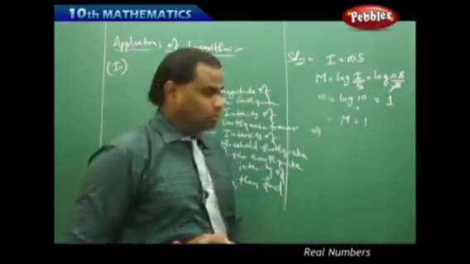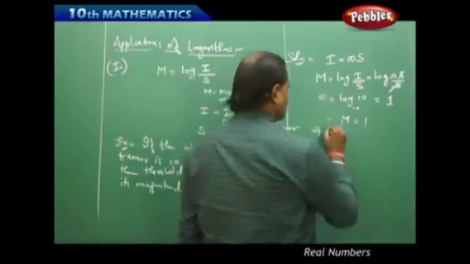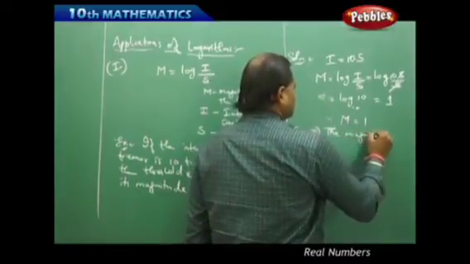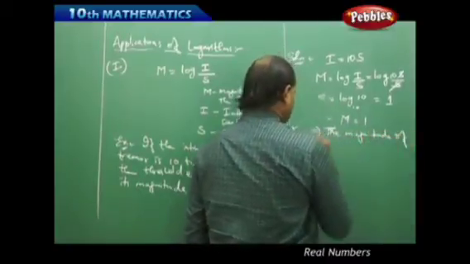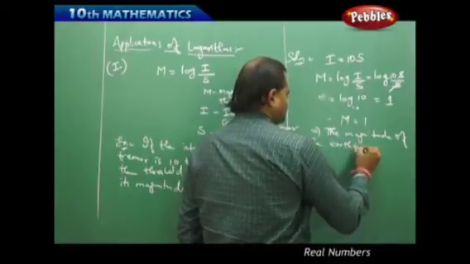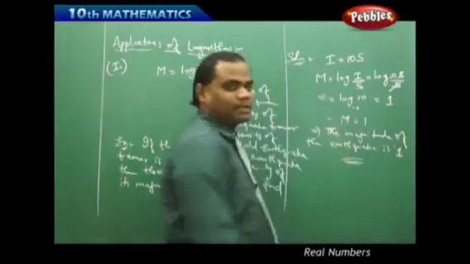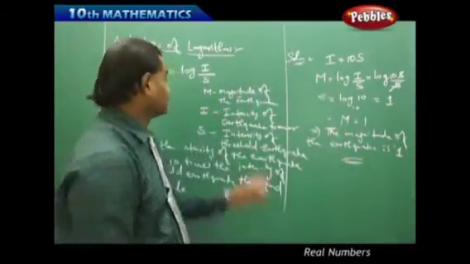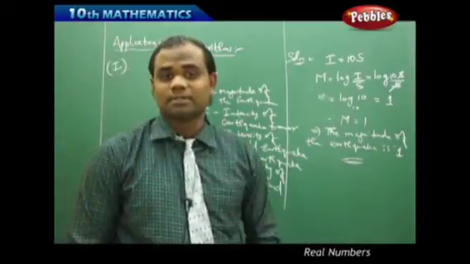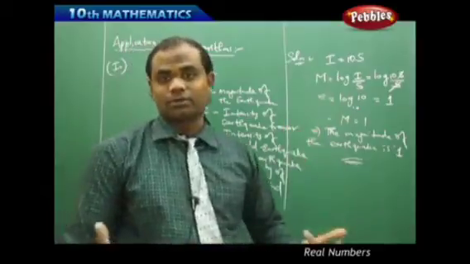That implies the magnitude of the earthquake is 1. This is how I understand connecting logarithms with real life. One of the applications of logarithms is connecting the intensity of the earthquake with the magnitude.